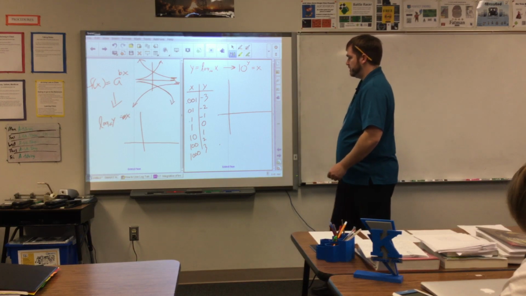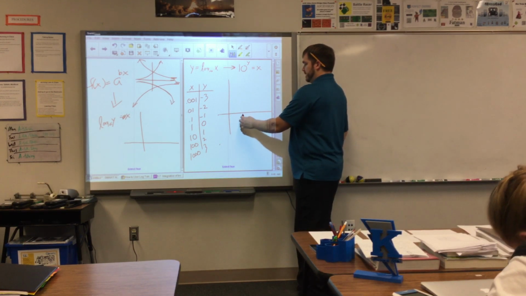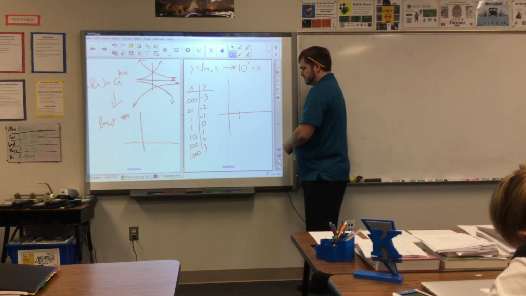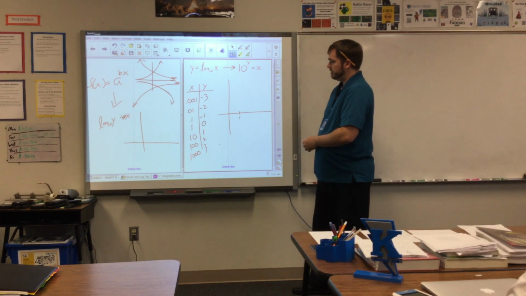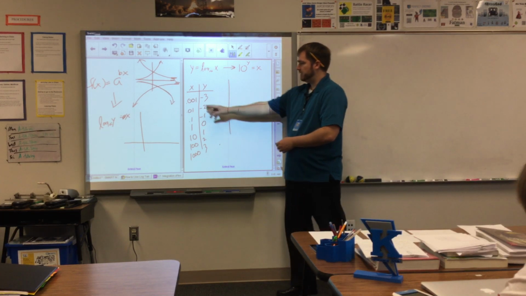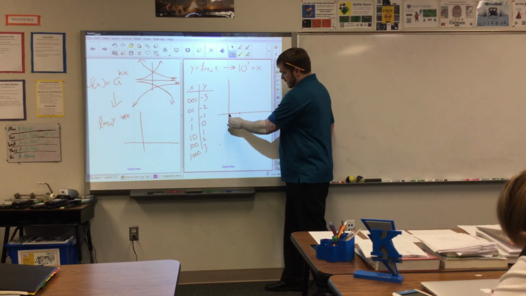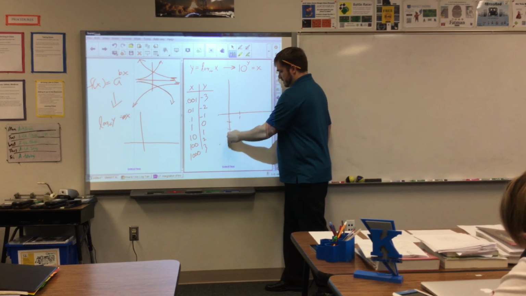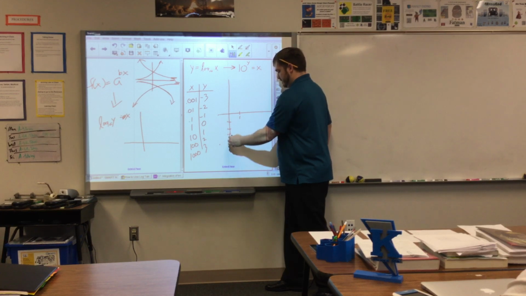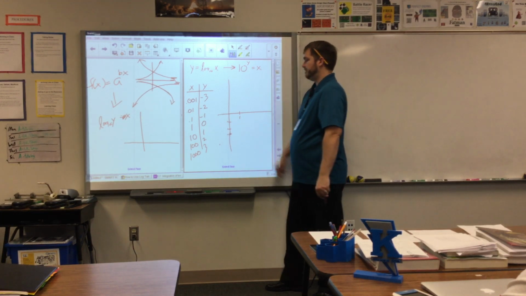So if we look here, so draw some x values. All right, an x value of 0.001, so that's like right here, is a y value of -3. So right about there.